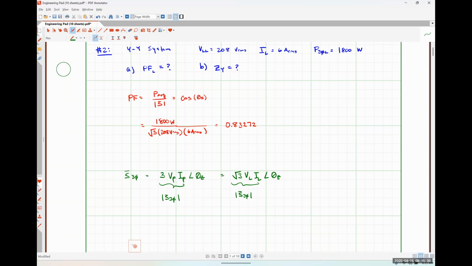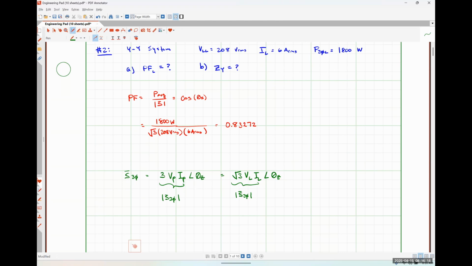So I have my total average power. And from this, I determined my power factor. But I only determined the magnitude of my power factor.